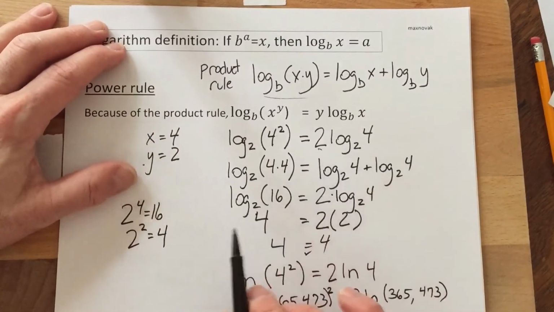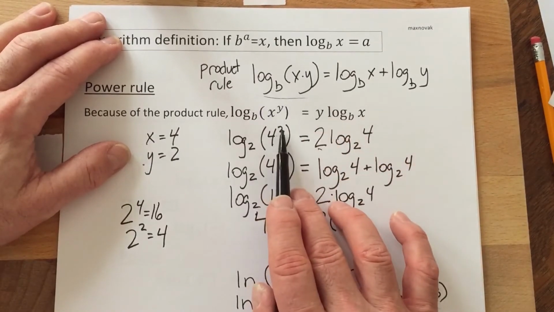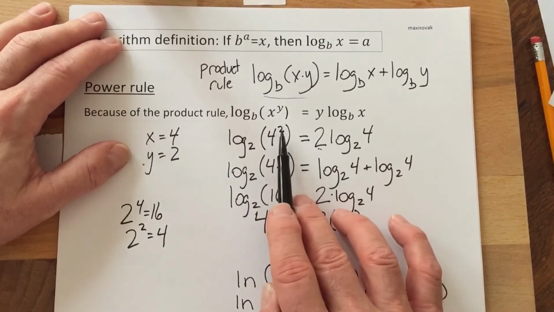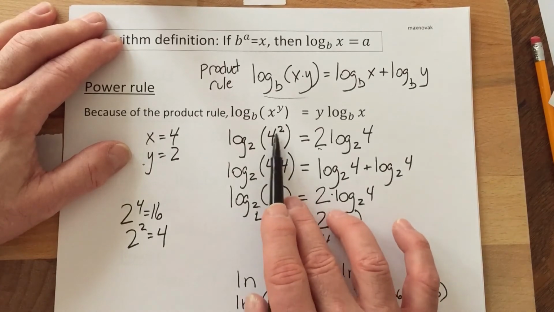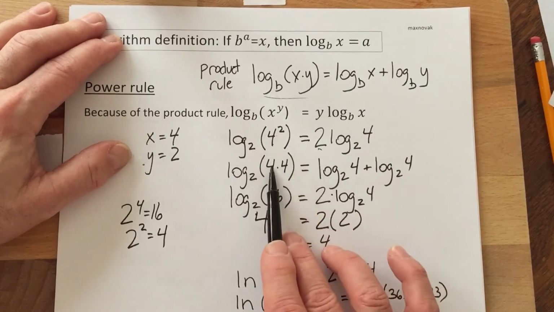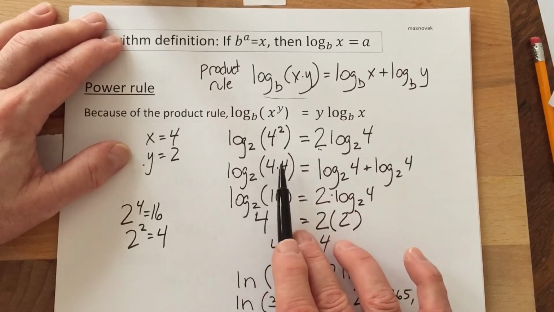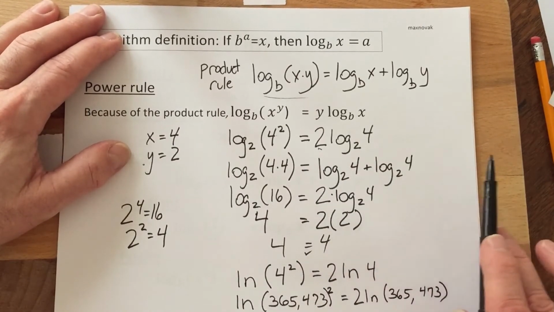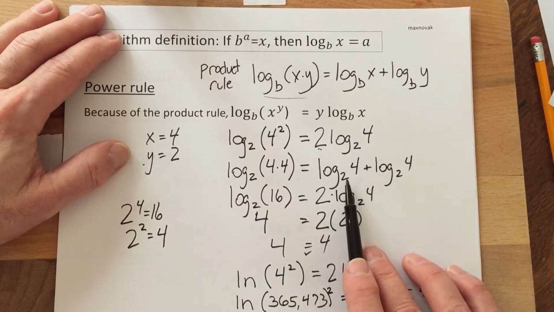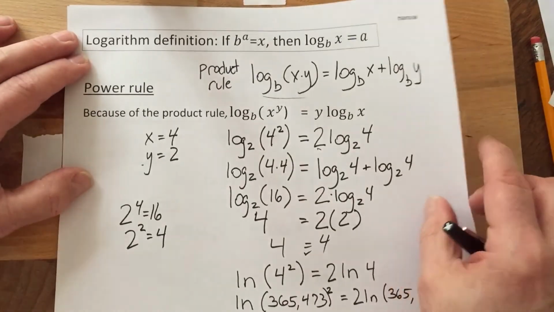And you could extend this out to any number of y. Whatever number y is, you would be multiplying that number by your x's. So 4 squared means 4 times 4. 4 to the 3 would be 4 times 4 times 4. And you would just extend that out. It would be a number of additions of the same log base b of x. So that's the power rule.